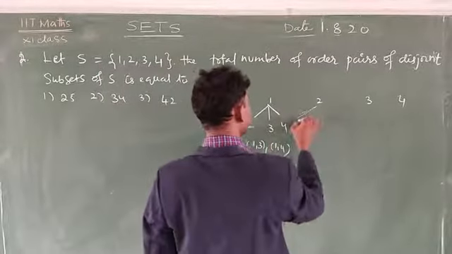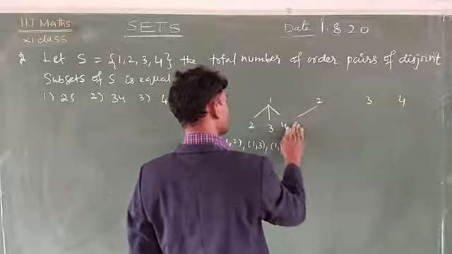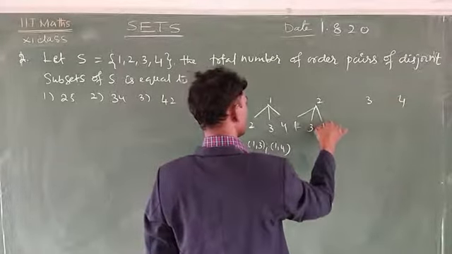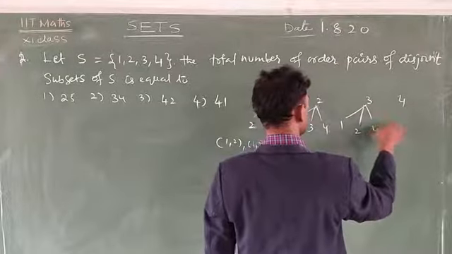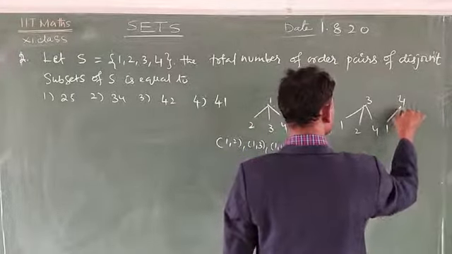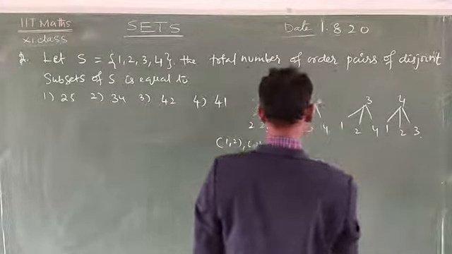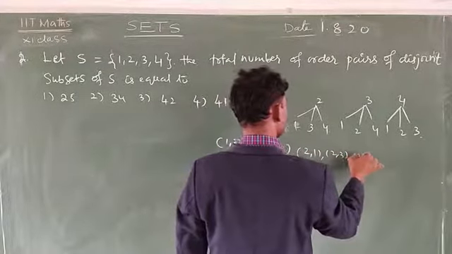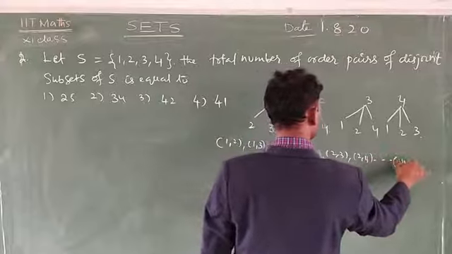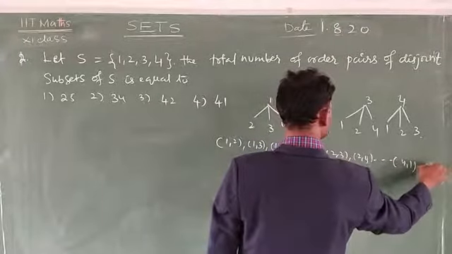Next 2,1; 2,3; 2,4. Next 3,1; 3,2; 3,4. Next 4,1; 4,2; 4,3.